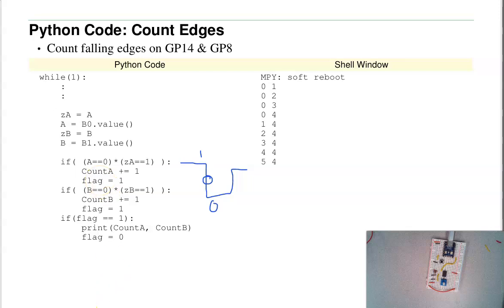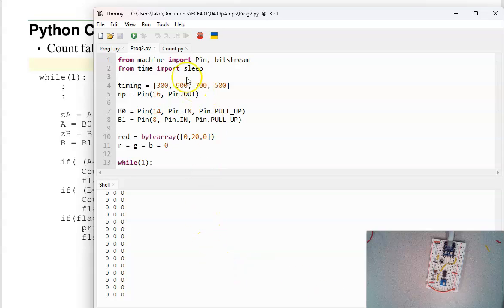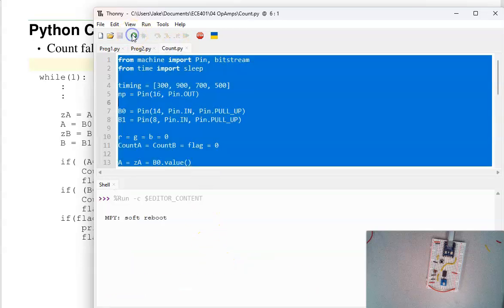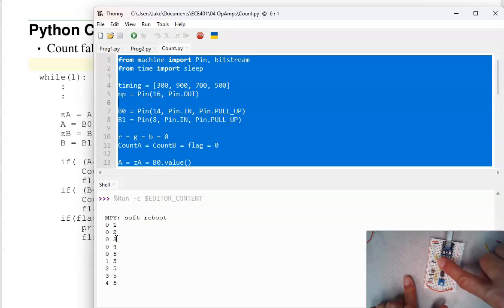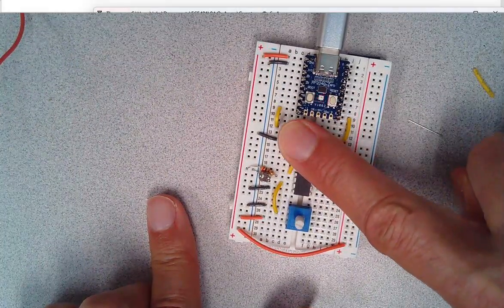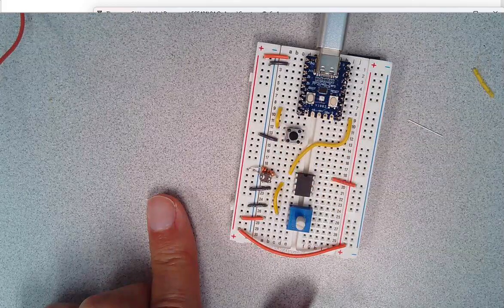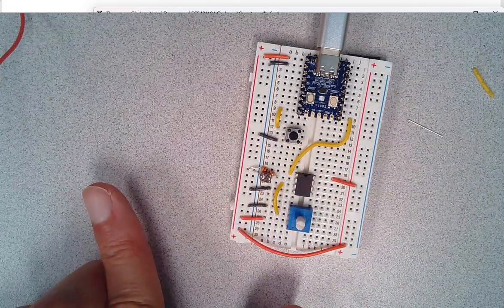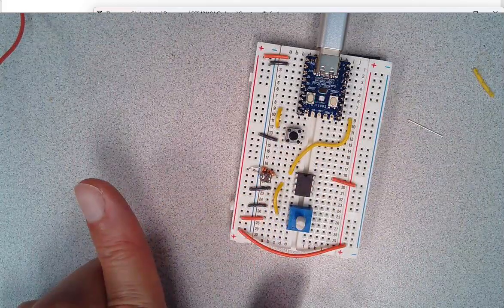And what that looks like is here's my count. Here's the counter on the light, 3, 4, 5, counter on the button. And if you zoom in, you can see button pushed, button release, button push, release, dark, light, dark, light.